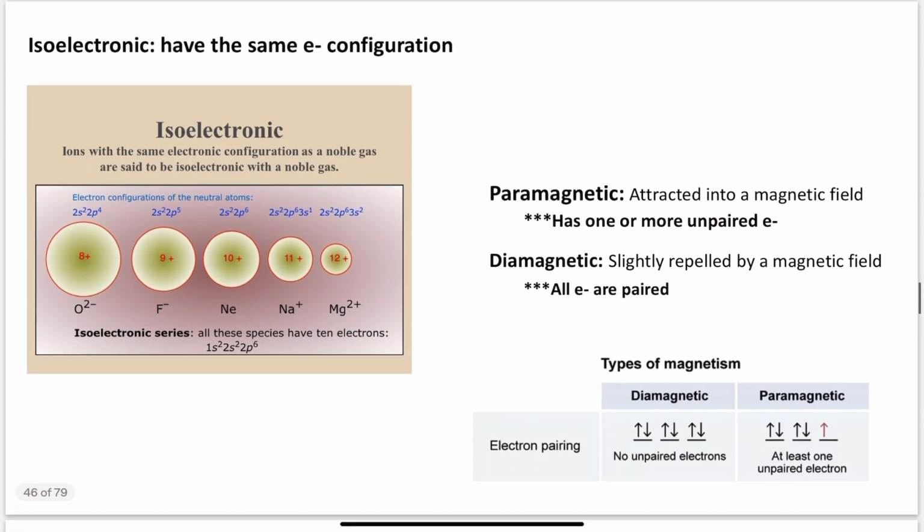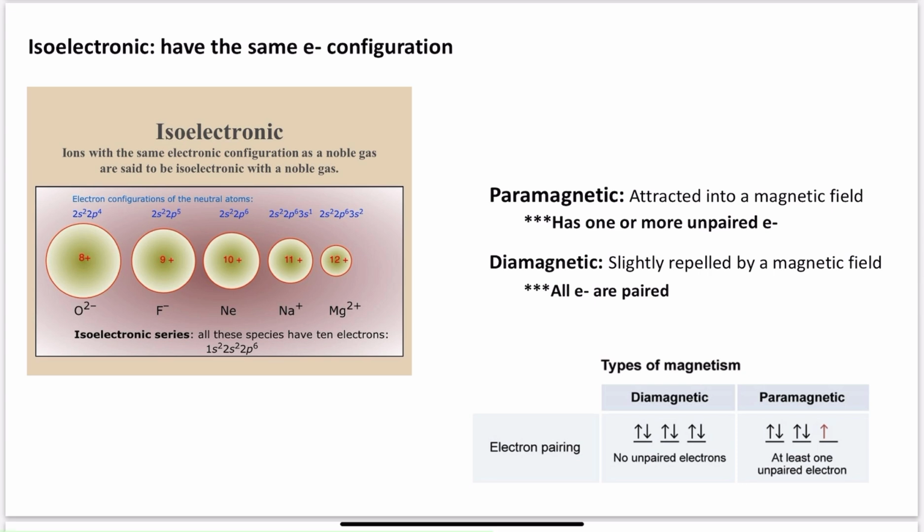So we need to know some terminology here. First term we need to learn is isoelectronic. Iso means same. And so isoelectronic means that these species have the same electron configuration. Now, the picture here is showing things isoelectronic with noble gases.